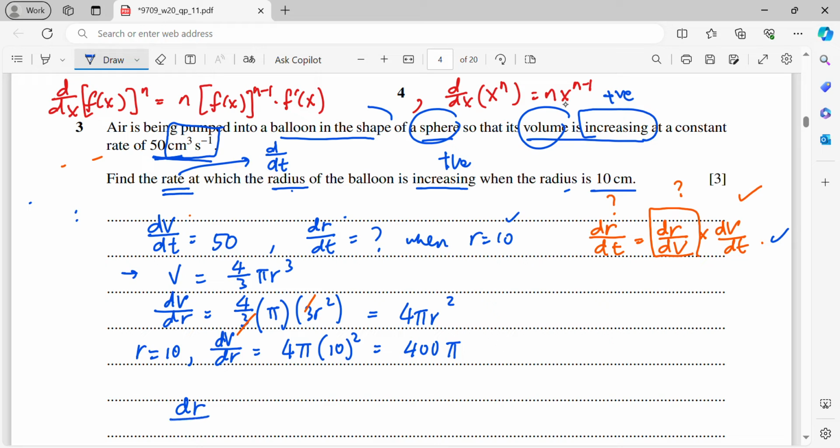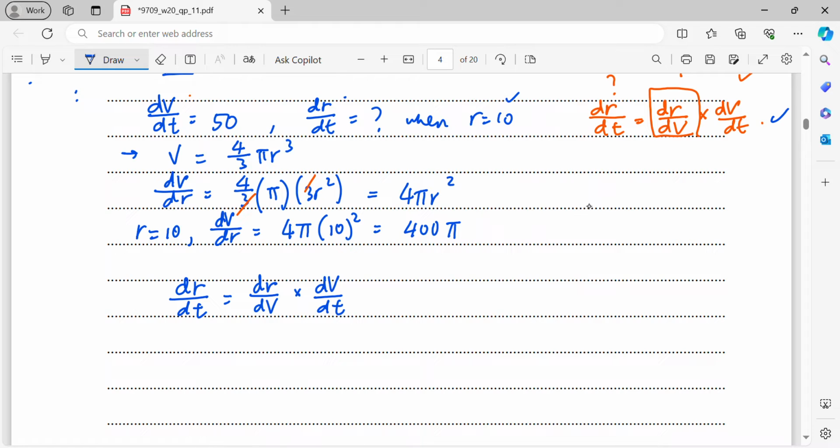Now, my dr over dt equals dr over dV times dV over dt. So now we have found dV dr in the previous step, and now we need dr dV. So just for your information, dr dV is 1 over dV over dr. Okay, that means it's going to be 1 over 400 pi.